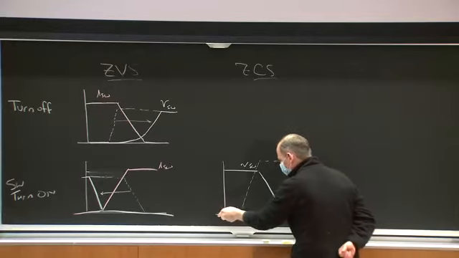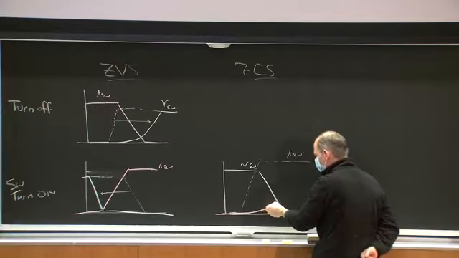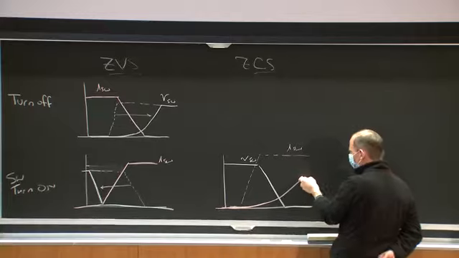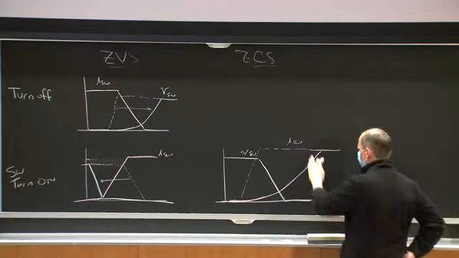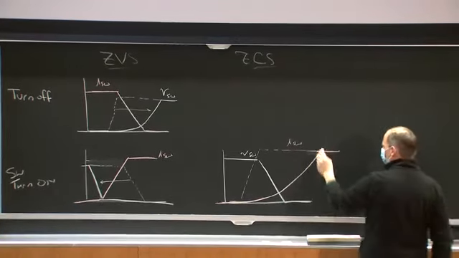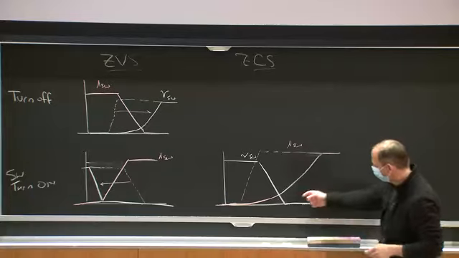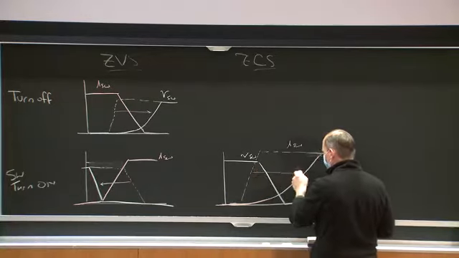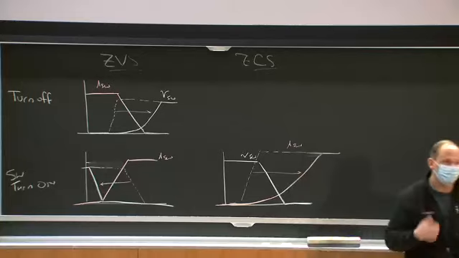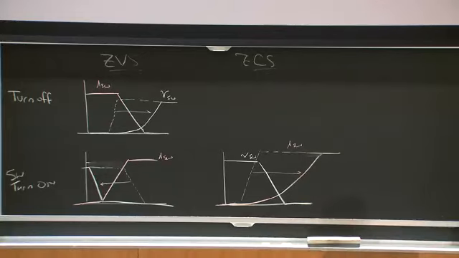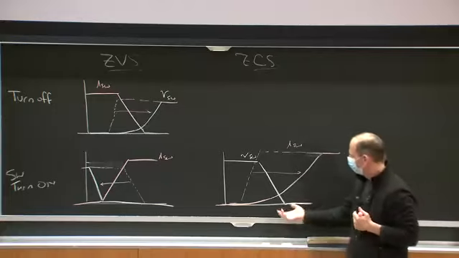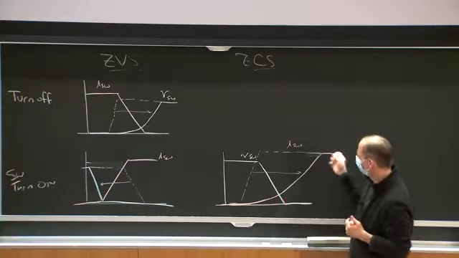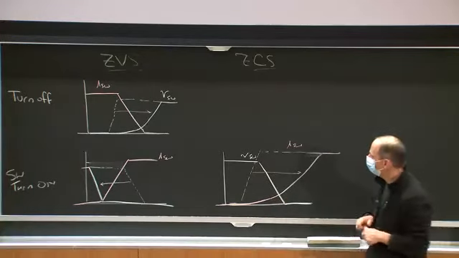But maybe I can delay that somehow and really reduce this overlap, and get a reduced switch overlap between turn on and turn off. One way to do this delay is to put an inductor in series with the device. When I turn it on, the inductor takes up the voltage, and hence we can have low voltage while the switch is still turning on.